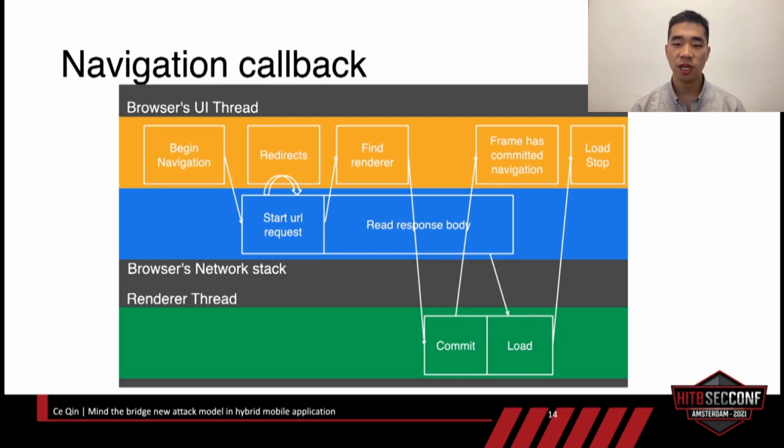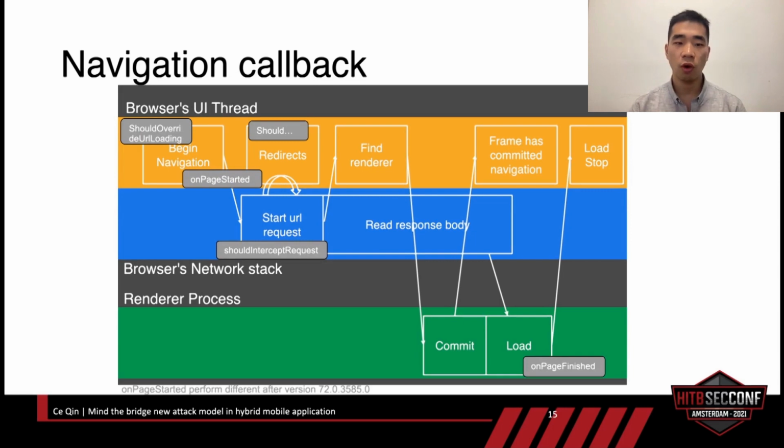Next is to tell the renderer to commit the new navigation and send back an ACK to the browser. At this point, the navigation is basically finished, but nothing is shown on the page yet. Next step is to read the response body and render it into a web page. Once that's done, it will let the browser know with another message and say, OK, stop load.